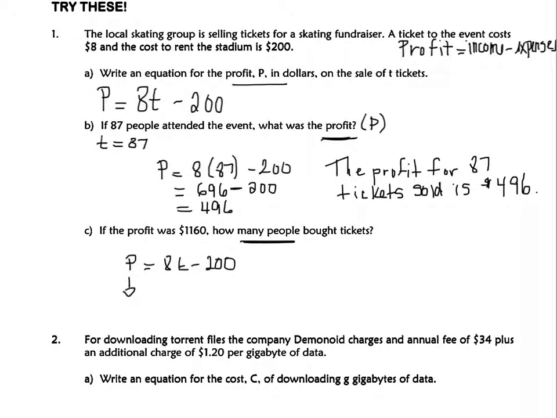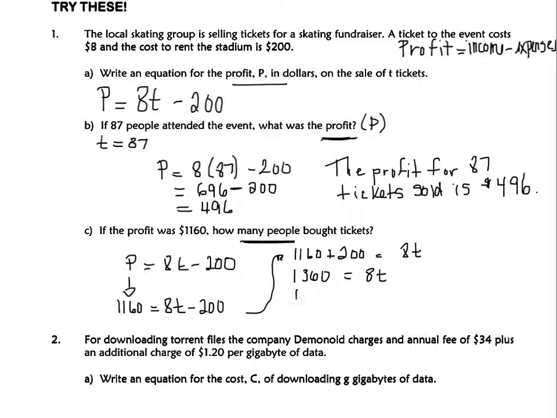So the P value is 1160, equal to 8t minus 200. We want to isolate the term containing the variable, so we want to get rid of that negative 200 by adding 200 to both sides. And that's going to give us 8t equals 1360.